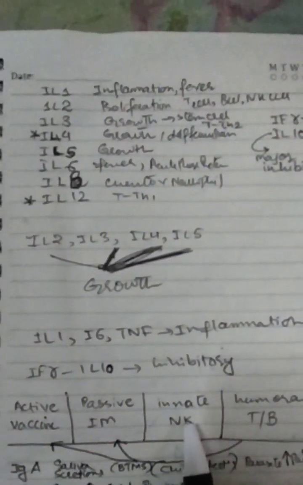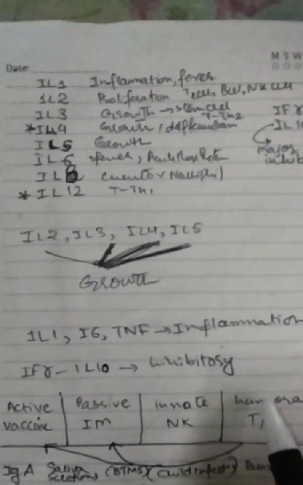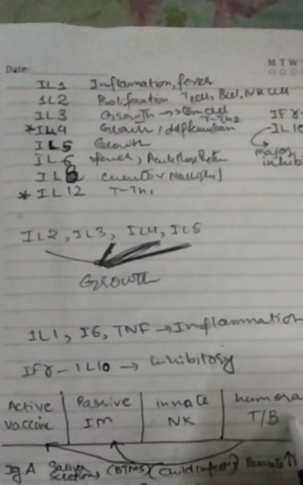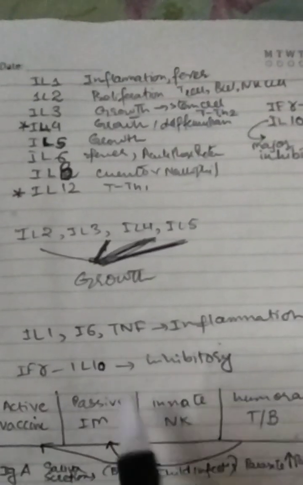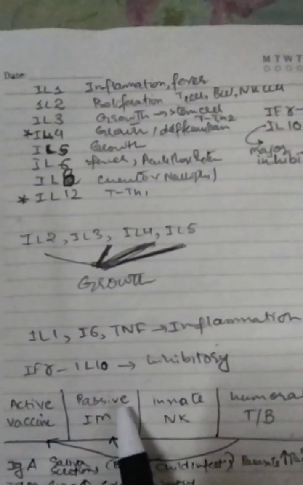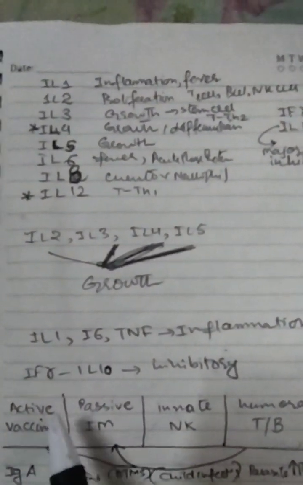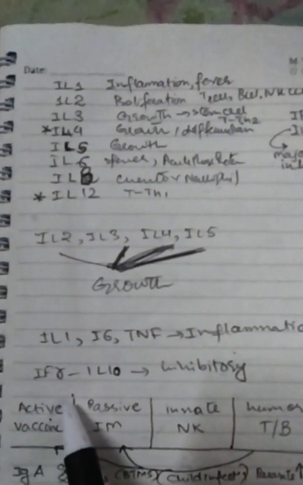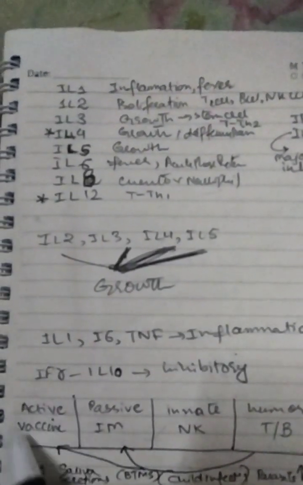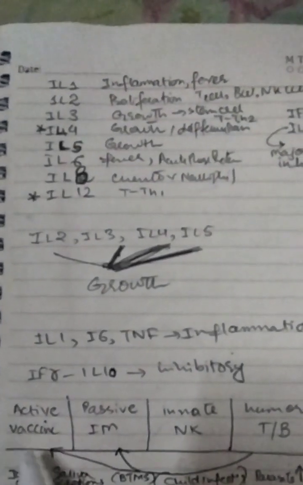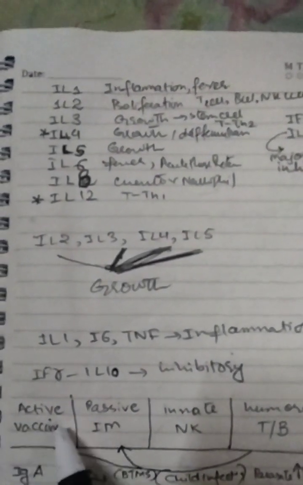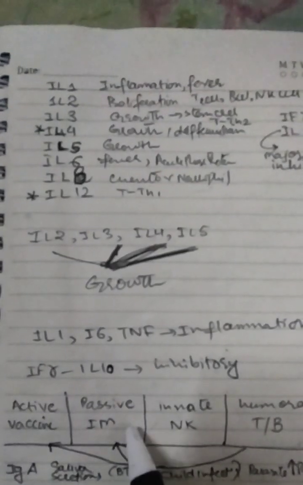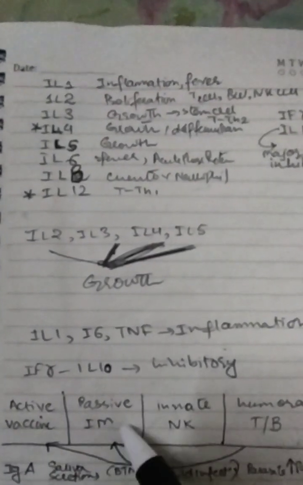Innate is by the NK cells, the natural killer cells, and the humoral is by T cells or B cells. In humoral there are also two types: the active immunity and the passive immunity. In the active immunity, the vaccine is given, the dead antigens or toxoids are given, so the body makes the immunoglobulins or antibodies against it. Okay, the passive is like we give the immunoglobulins directly to the person.